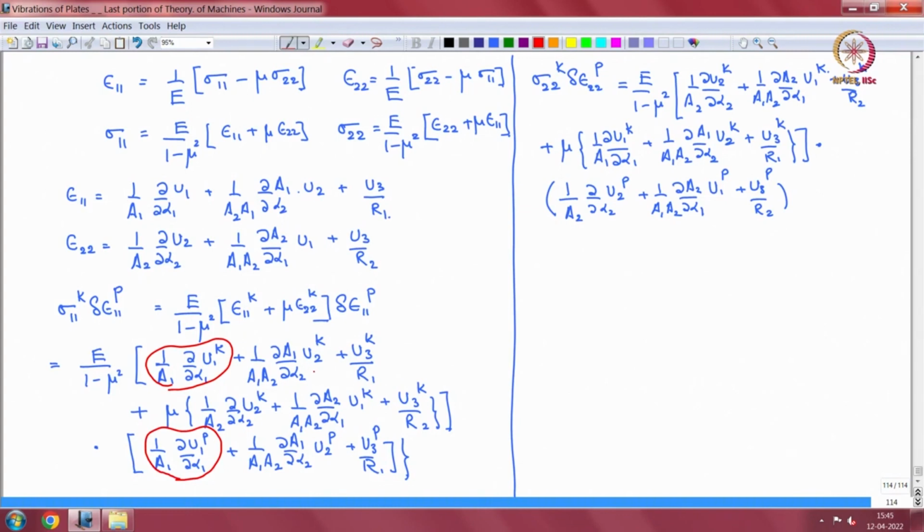Then we have this term with a U2k, okay, this term with a U2k, and this term with a U2p. They will also go in a product.